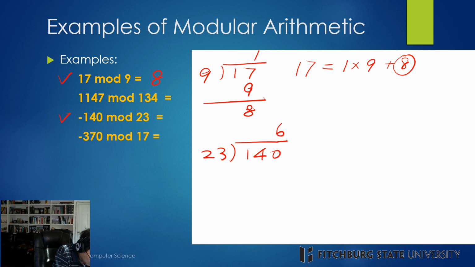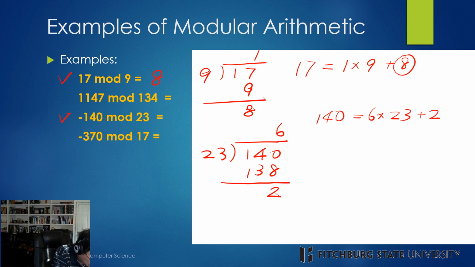When I put a 6, 3 times 6 is 18. Okay, so we got 2. So actually 140 is 23 times the quotient, which is 6, plus 2.